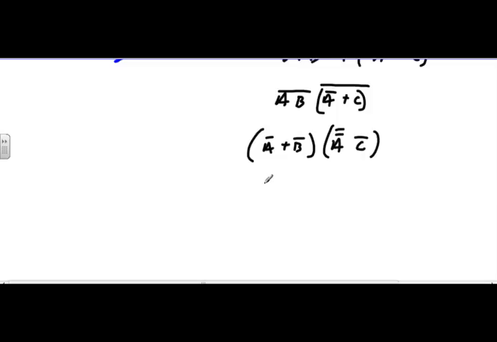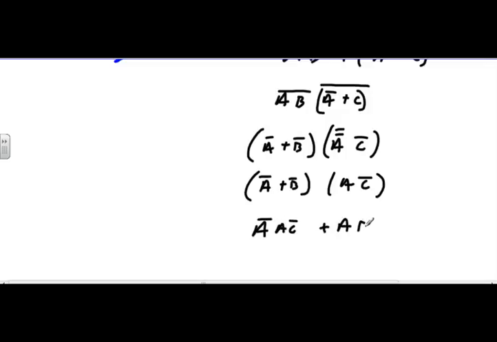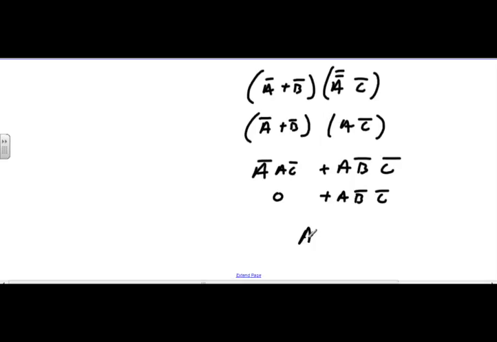I've got A naught or B naught, A C naught. Got A naught, A C naught, or A B naught, C naught. This is 0. A naught A is going to be 0, or A B naught, C naught. So my final answer, A B naught, C naught.